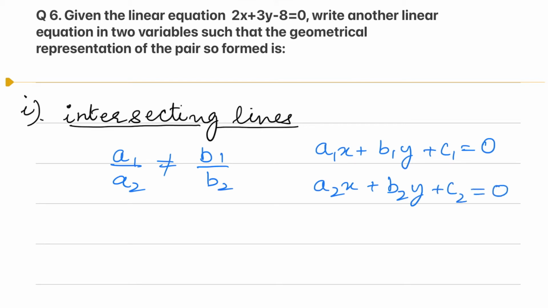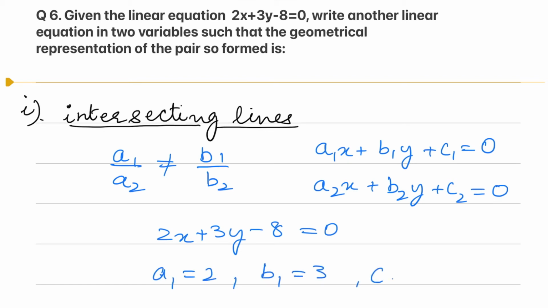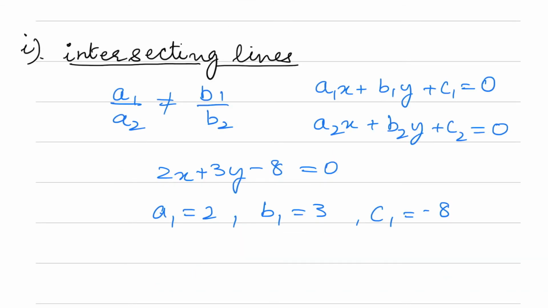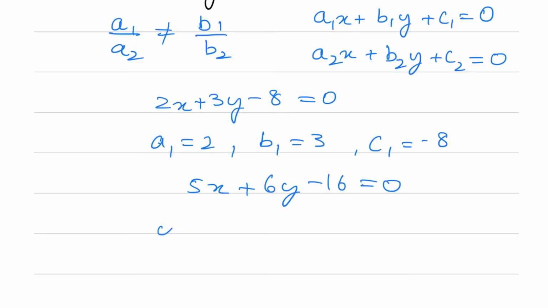Let's say the first equation is 2x plus 3y minus 8 is equal to 0. So on comparing, we know a1 is equal to 2, b1 is equal to 3 and c1 is equal to minus 8. So I can write down the second equation as 5x plus 6y minus 16 is equal to 0, or I can also write down 3x plus 2y minus 7 is equal to 0.